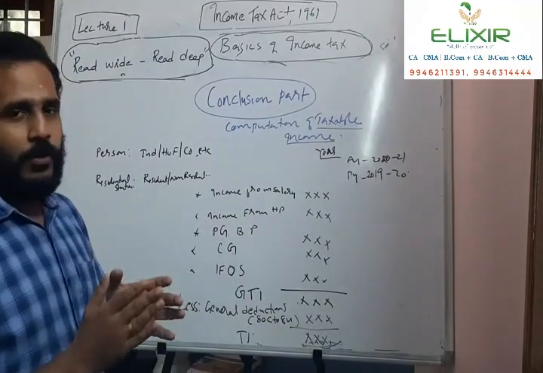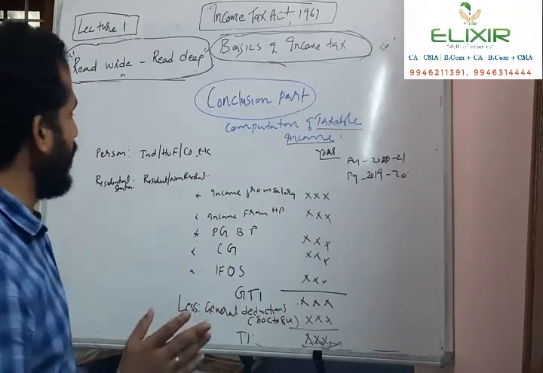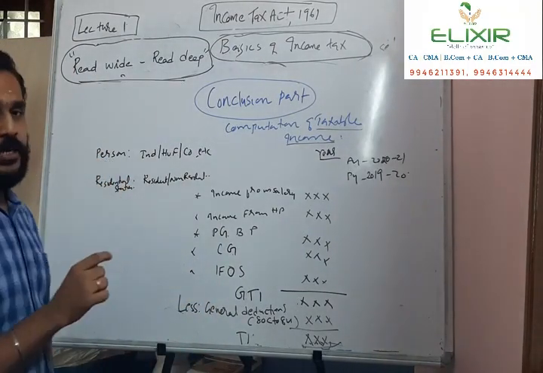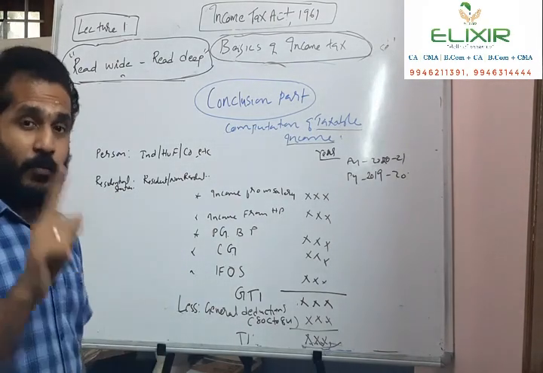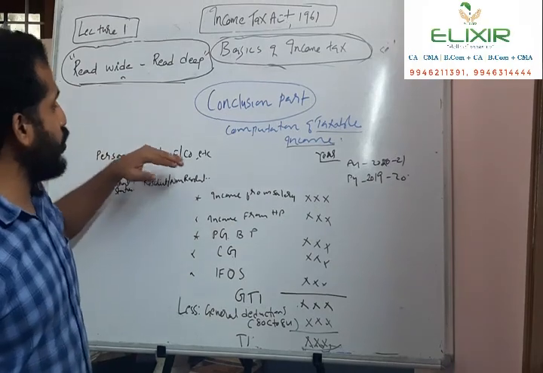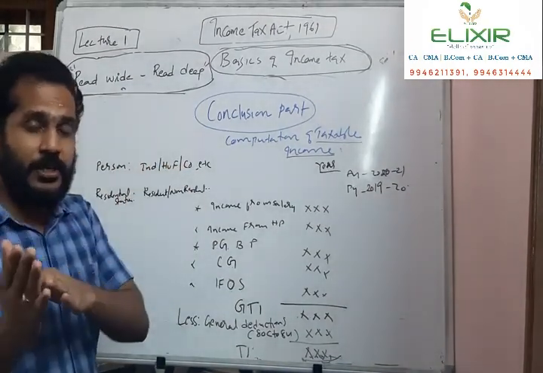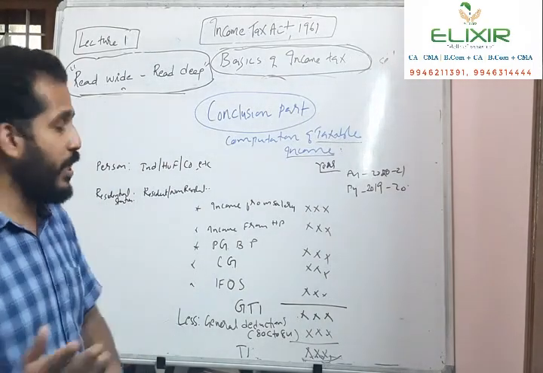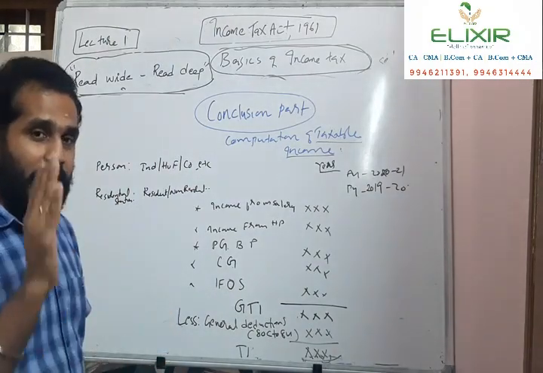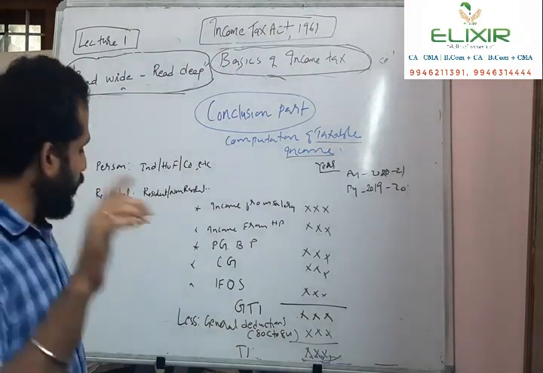First of all, if you are doing a problem on computation of taxable income, see the category of person the assessee belongs to, whether an individual, an HUF or a company, because different taxation rates are applicable for each of these persons. So first analyze the category of the person.